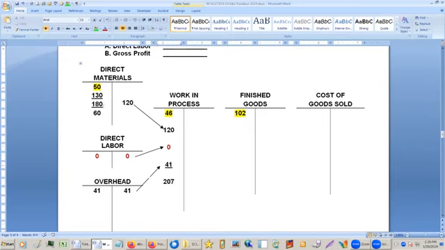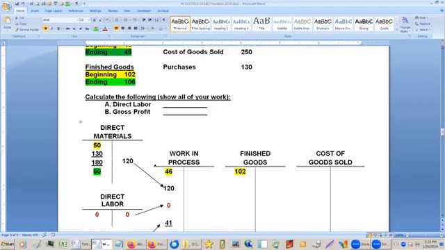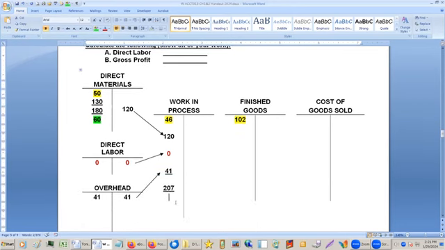Okay, and so there's 207 sitting in there. We send somebody out to count up how much is still being worked on. And they come back and they say, oh, we're still working on $45 worth of those. Okay, so how much did we finish?